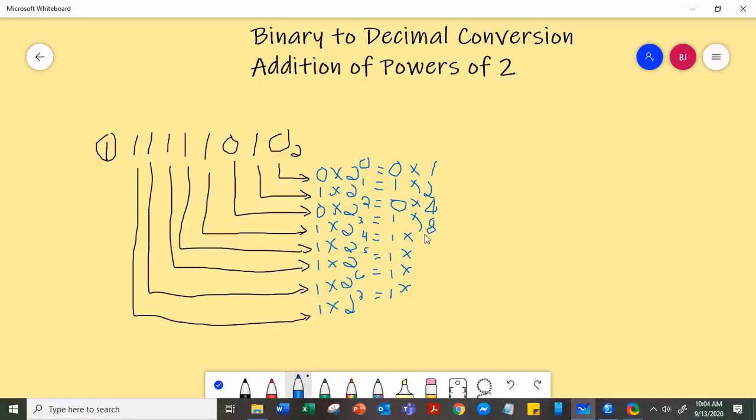This is actually our powers of 2: 16, 32, 64, and 128. Then we get the product of each of those numbers. Automatically, those that have a 0 digit would have 0 as the answer, and those that have 1s would retain their number.